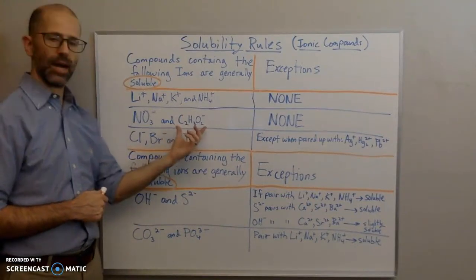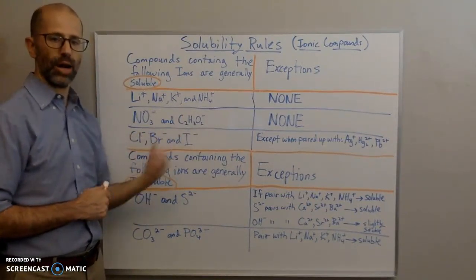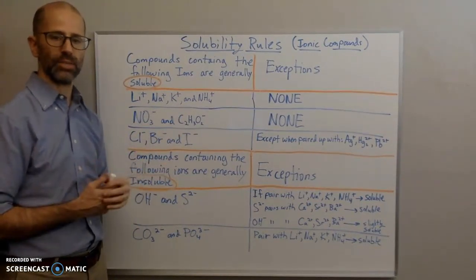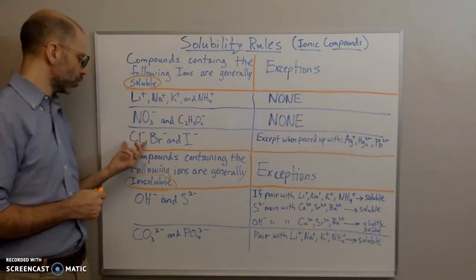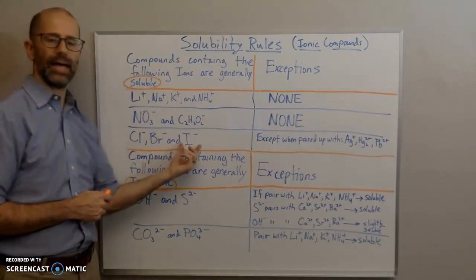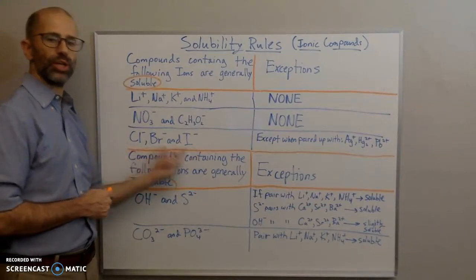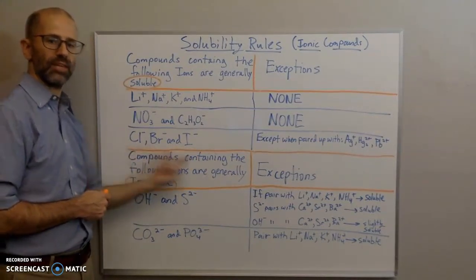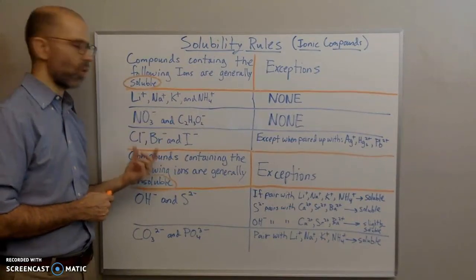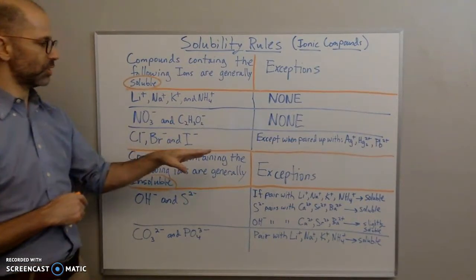So if you find a compound that has either nitrate or acetate in it, then you know it has to be soluble in water. Same thing goes with chloride, bromide, and iodide ions. So generally, those are going to be soluble in water. Any compounds that have these are going to be soluble in water. Now, there are exceptions.